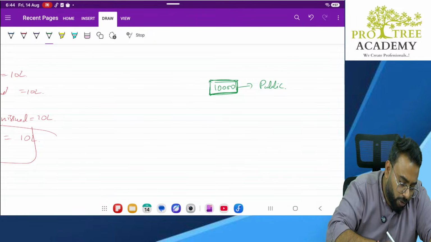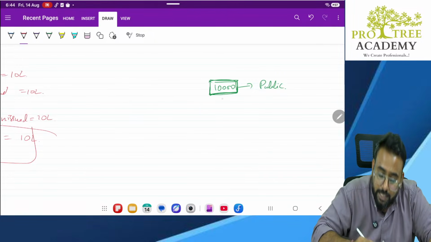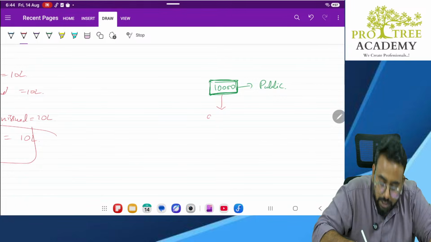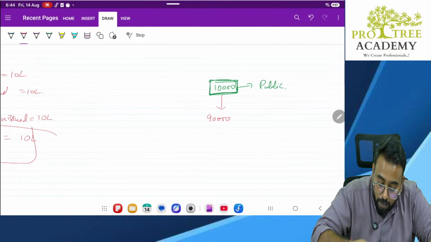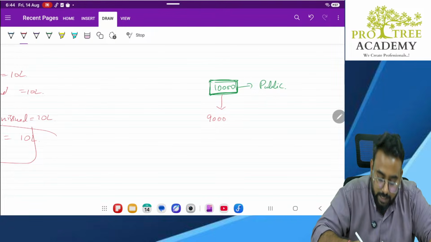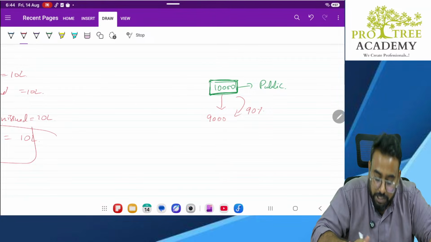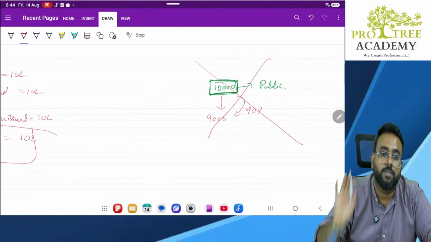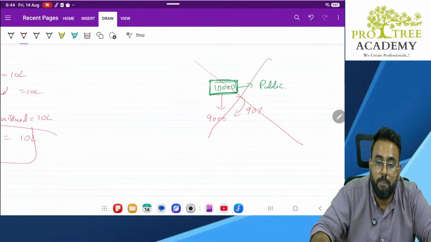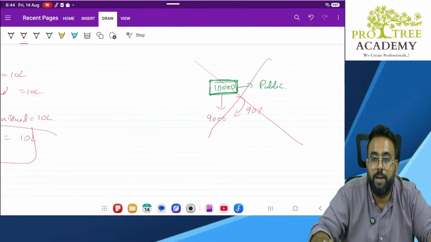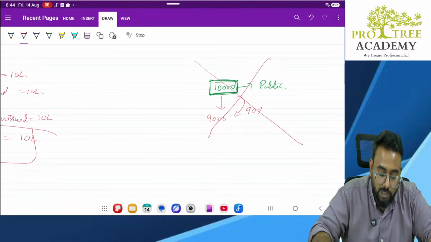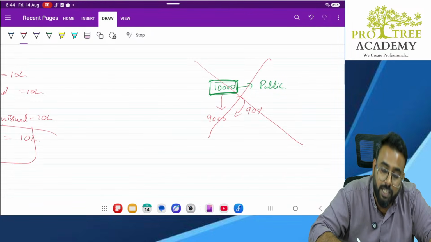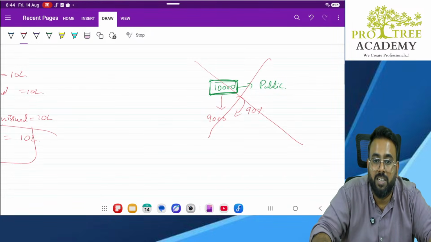No, sir, it is not okay, because if you don't receive subscription for at least 9,000 shares, that is 90%, then you cannot issue shares to the public. 90% should be applied for by the public. If 90% is not subscribed, the issue gets cancelled.